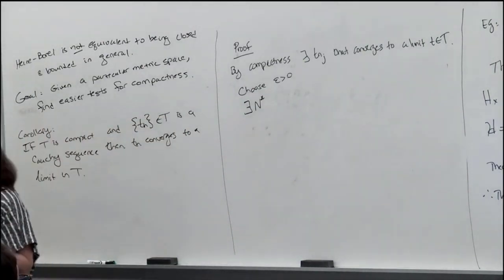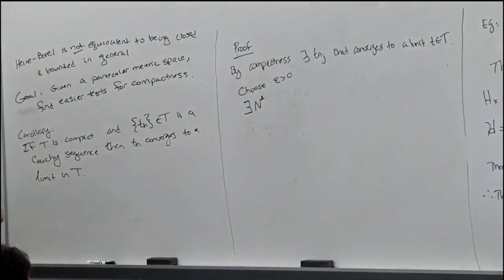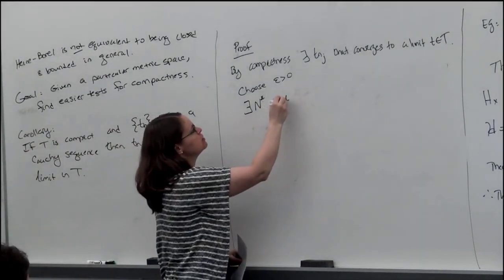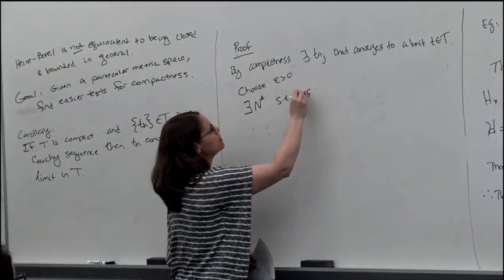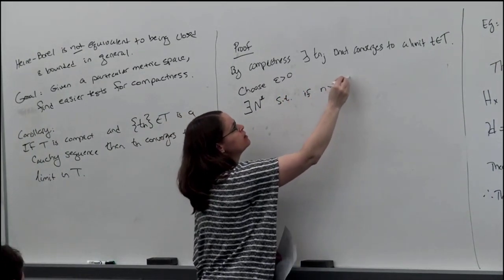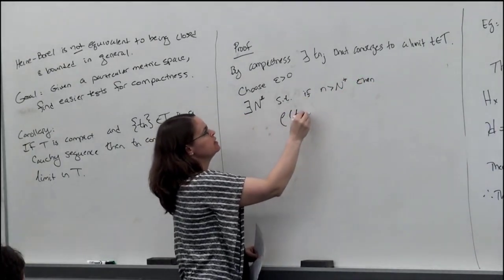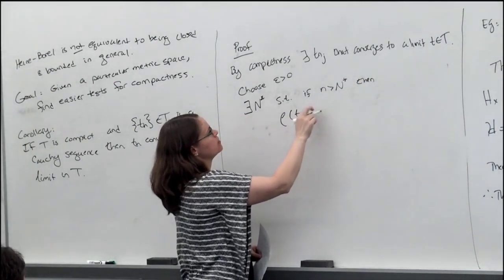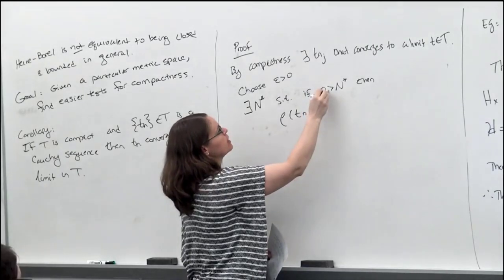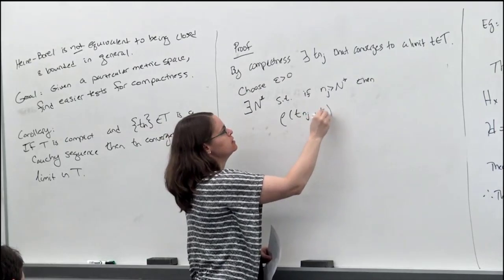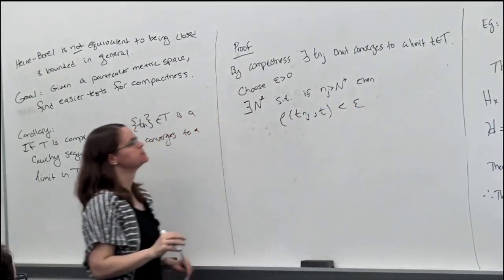I'm going to pick whatever is the biggest of those two n stars, an n star that works for both facts. So we know there exists n star such that if nj is bigger than n star, then the distance between T_nj and T is less than epsilon.